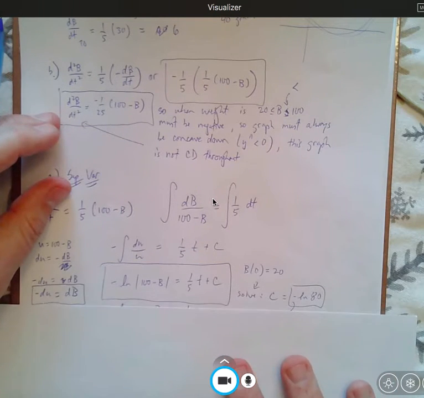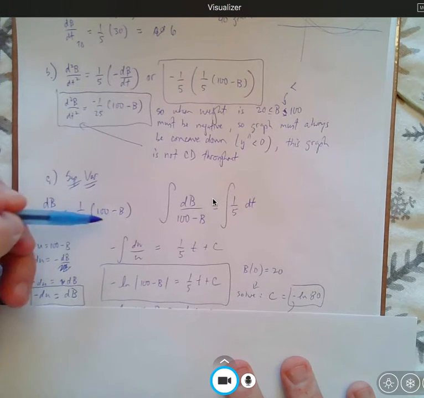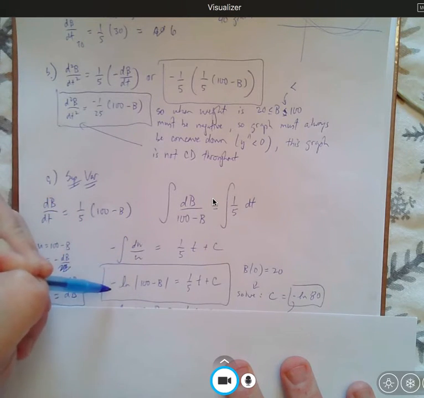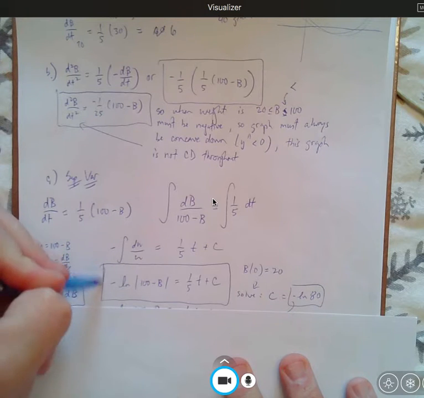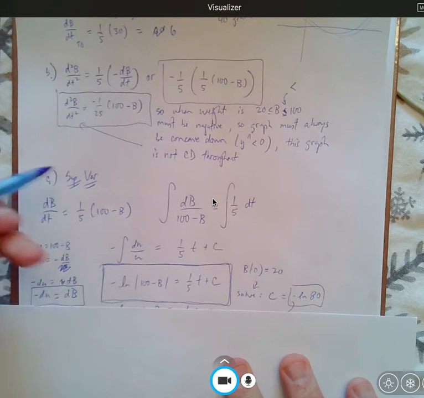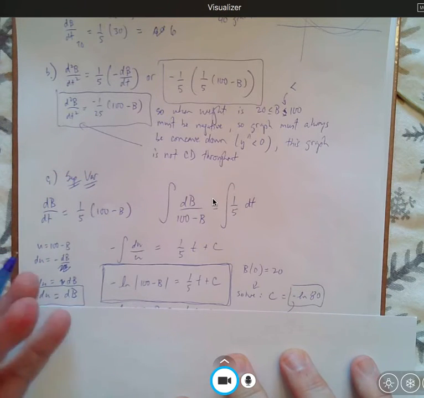But integrating where u is 100 minus B, du is minus dB, so minus du equals dB, and then replace that, and you're going to get a natural log. So again, work to get this box right here, okay? And I think that's the key. Now from here, there's a couple of ways to do the problem.